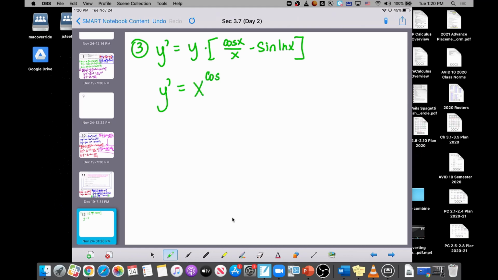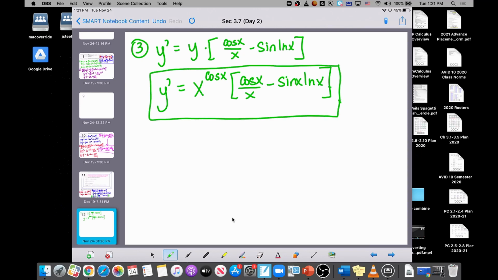So x to the cos x power times cos x over x minus sine x ln x. And there is my derivative using logarithmic differentiation. So again, anytime you have a function raised to a function, logarithmic differentiation is the way to go.